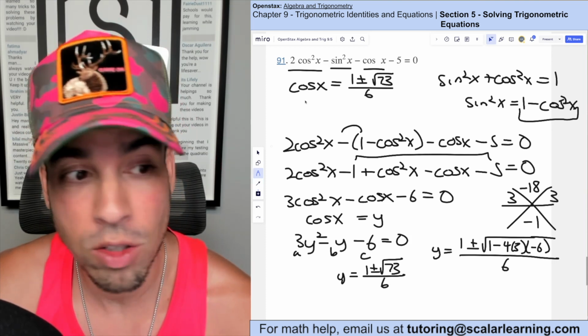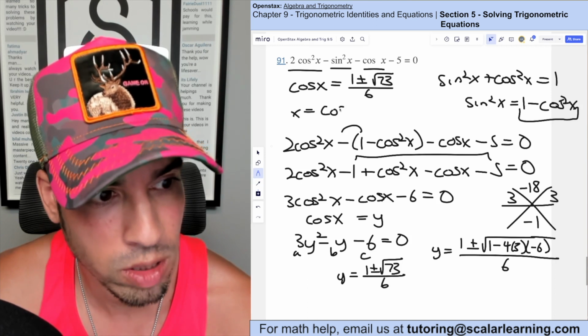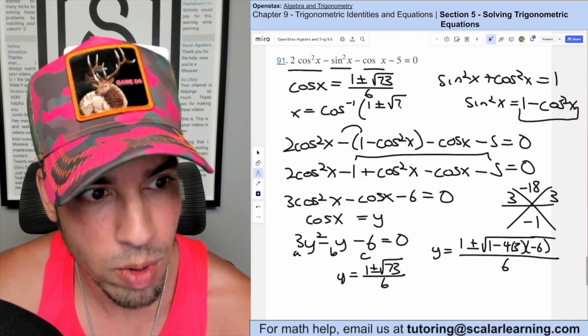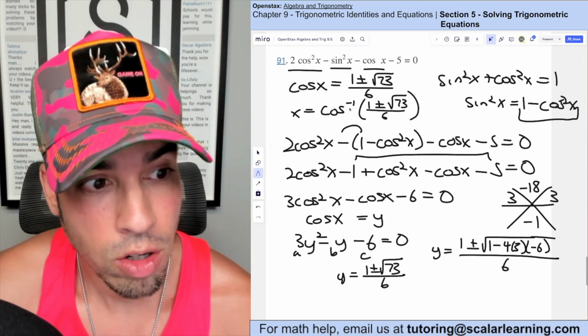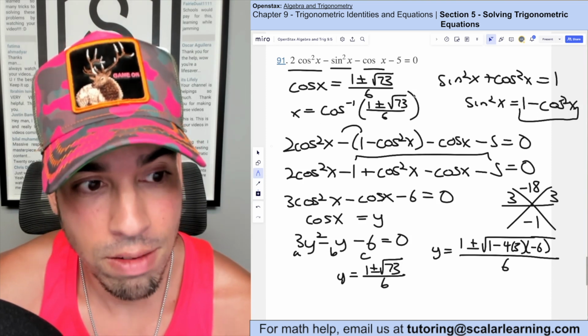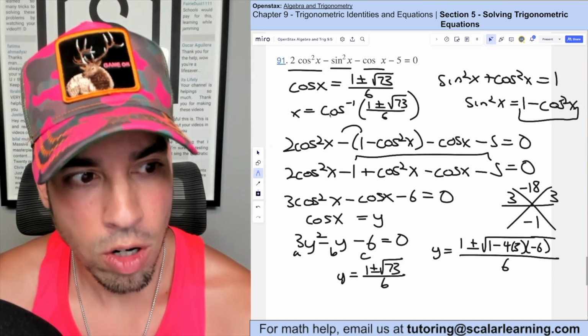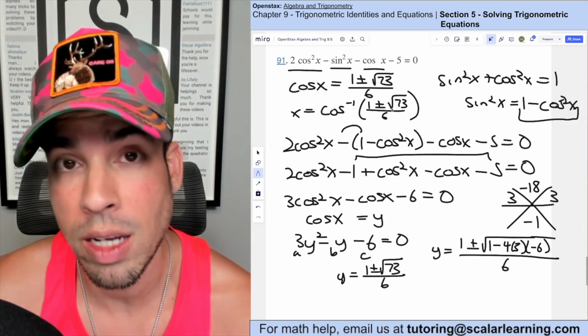So to get the solution for x, I'm going to take arc cosine of both sides, okay? Take arc cosine of 1 plus or minus rad 73 over 6. Now, here's the situation. Arc cosine cannot take values this big or this small. The domain of arc cosine is from negative 1 to 1. And the square root of 73 is between 8 and 9.